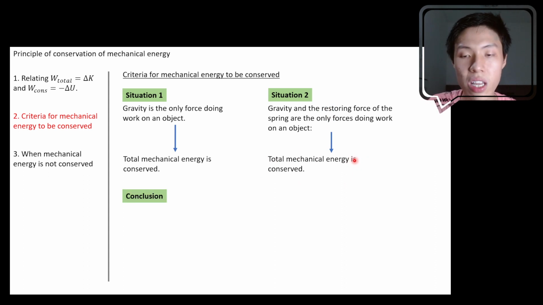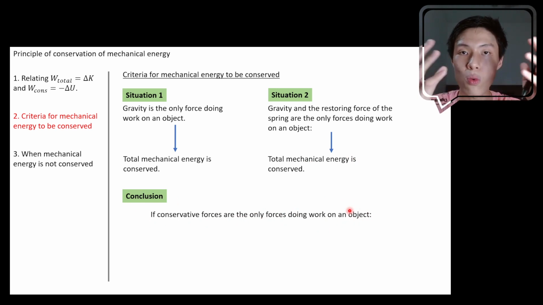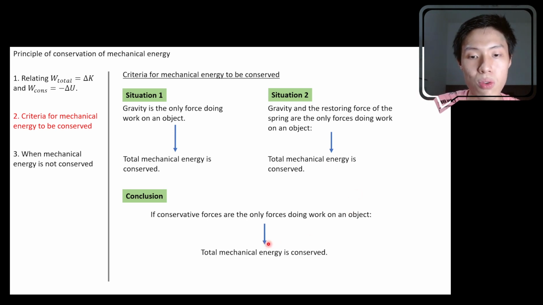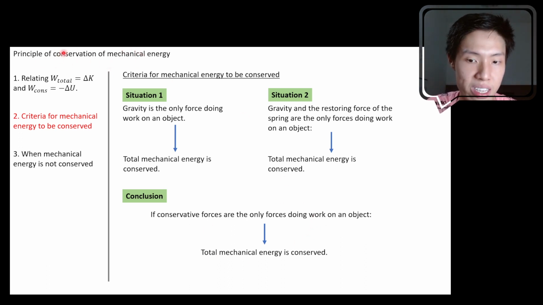So the conclusion that I want to make here is, if conservative forces are the only forces doing work on an object, and all the work being done on an object is by conservative force, we will know that the total mechanical energy is conserved. And this is the principle of conservation of mechanical energy.